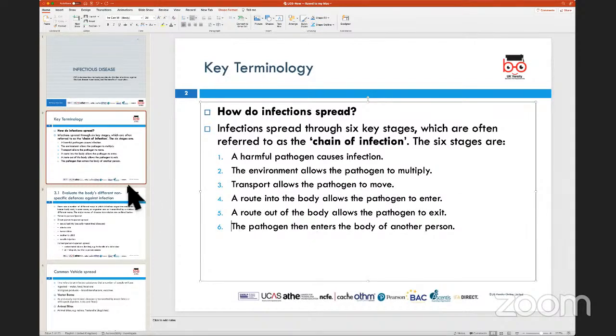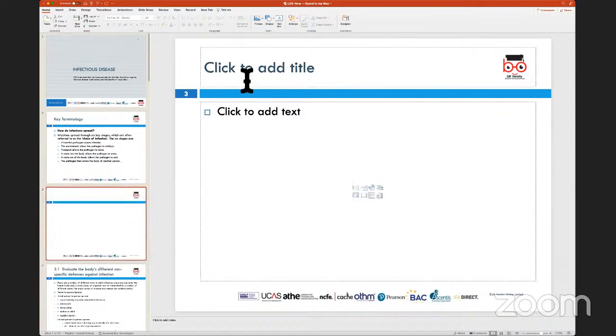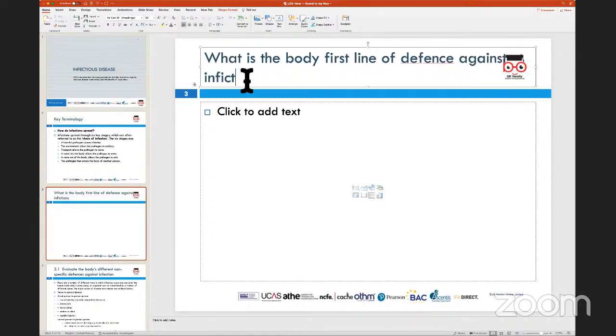Now, with that understanding, what we also want to be able to do is understand what the body's first line of defense against infection is. So if I put another slide in, this is the main headline of our learning outcome.